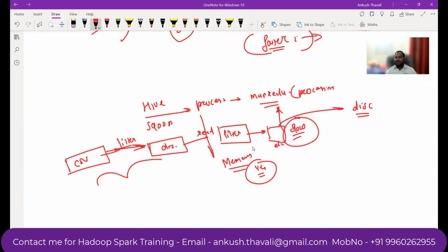Yes, that is possible with the help of Spark. Spark can process your data at the memory level also, unless and until you want to write it. Everything will be in memory. So that is why MapReduce has been replaced by Spark.